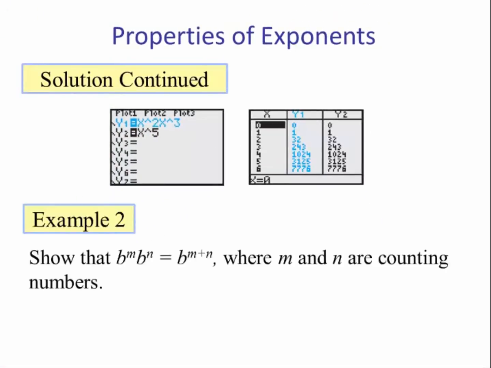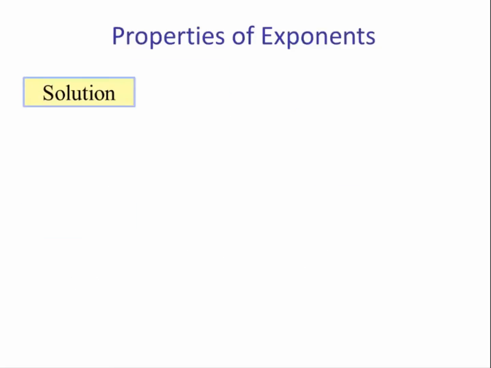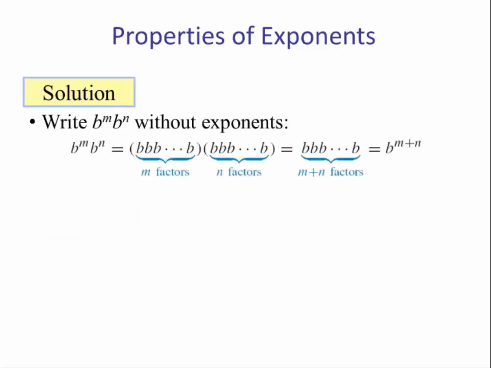Example 2. Show that b to the m times b to the n equals b to the power of m plus n, where m and n are counting numbers. Solution. Again, we write it without exponents. This factor will be the base of b to m factors.